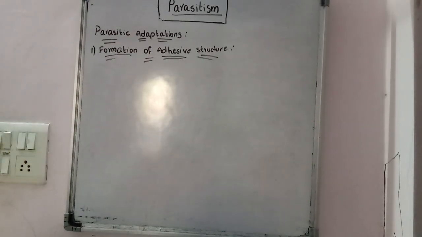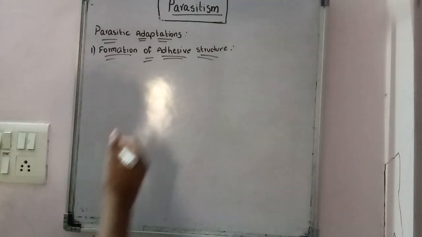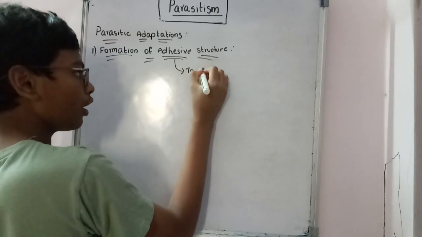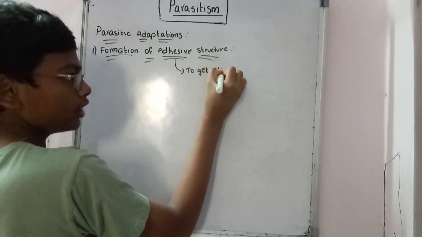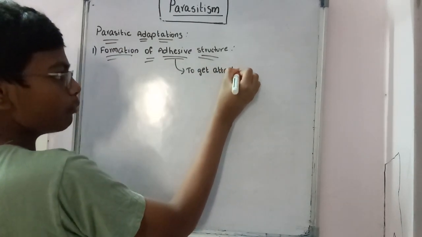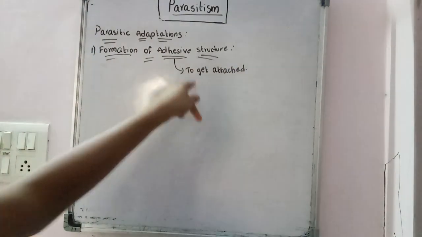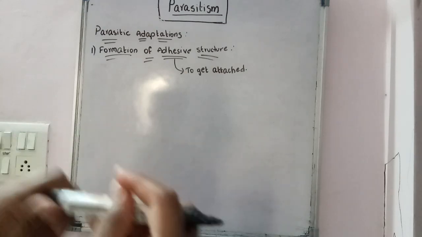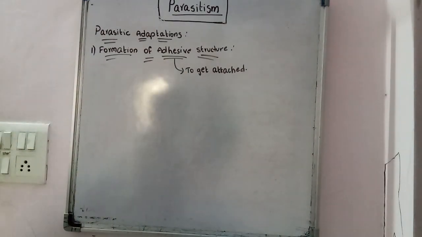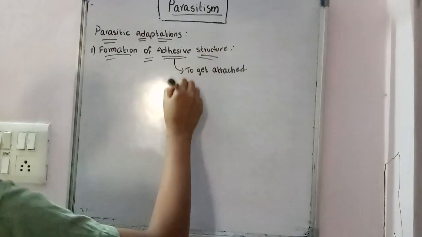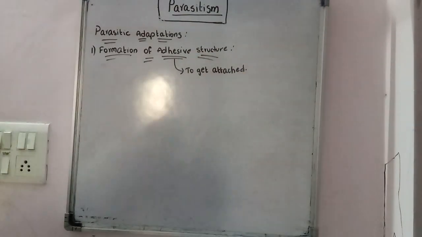The meaning of adhesive is to get attached. Adhesive means, you see, a gum. Gum is used to attach two things together. So the formation of a structure to get attached, that is the definition.